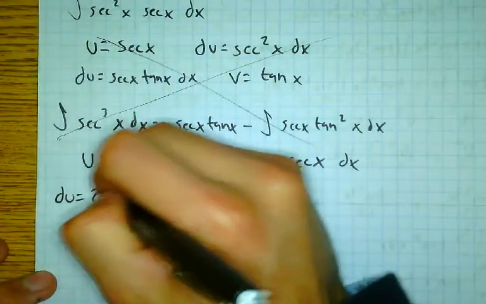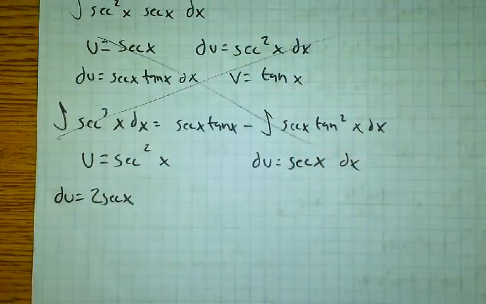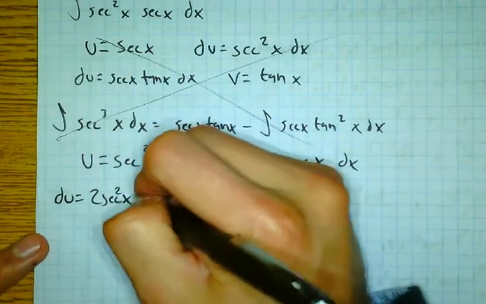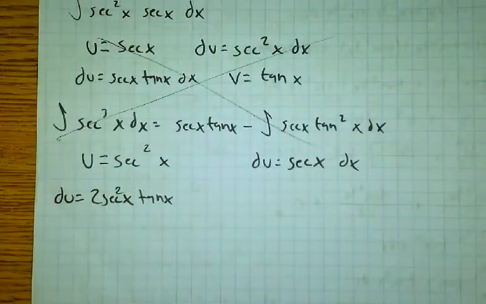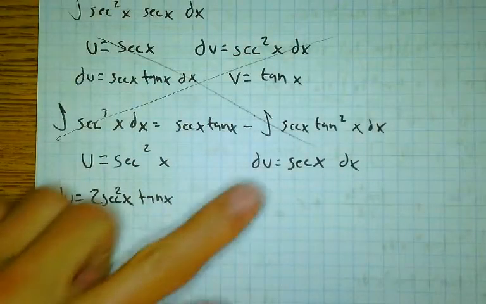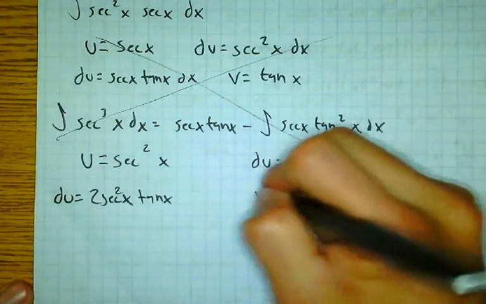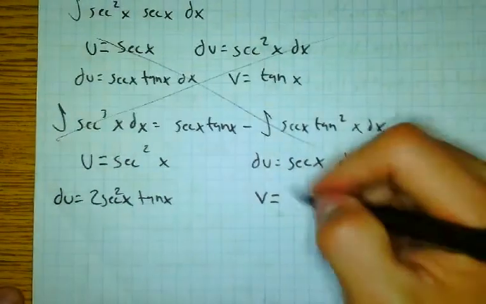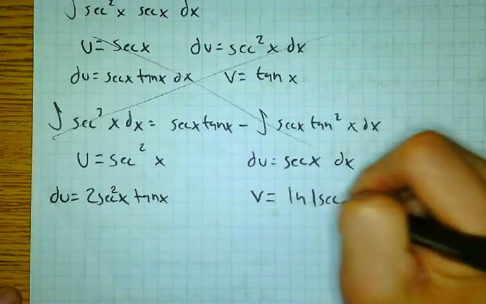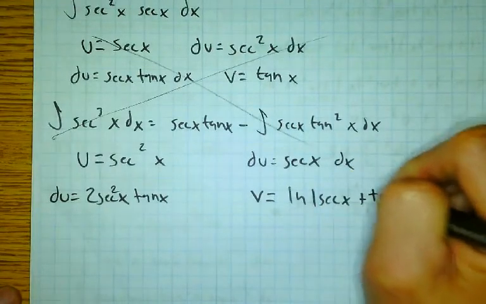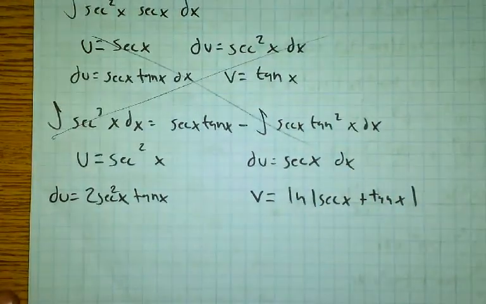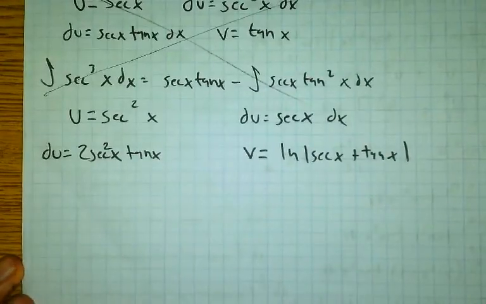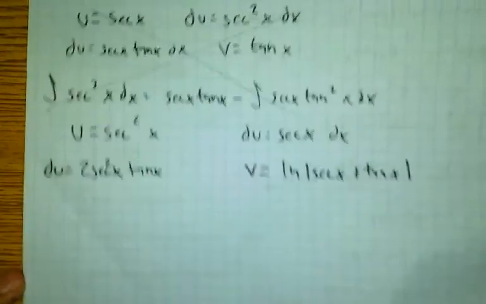It would be 2 secant of x times the derivative of secant, which is tangent, so that would be 2 secant squared tangent x. And then what is v? I don't know that I like this one either, but we'll see where it takes us.